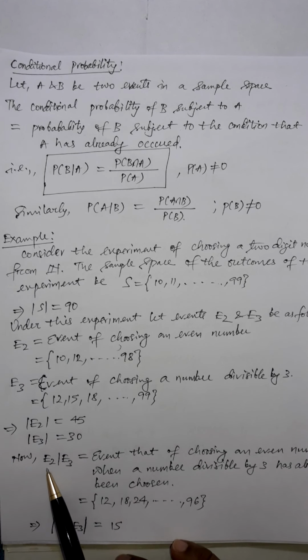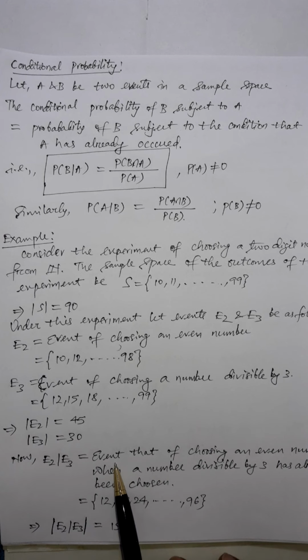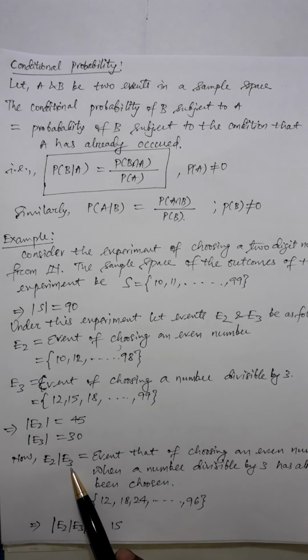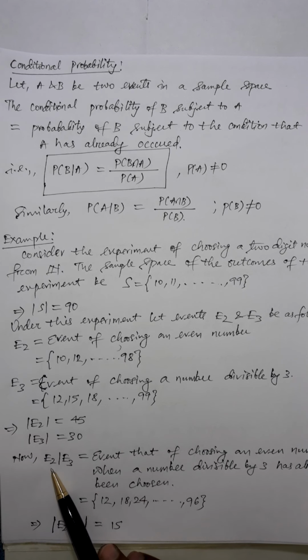So here the event E2 subject to E3 represents the event of choosing an even number when a number which is divisible by 3 has already been chosen. That means we have to take the numbers which are divisible by 3 first of all, and among those we have to choose only those numbers which are also even.